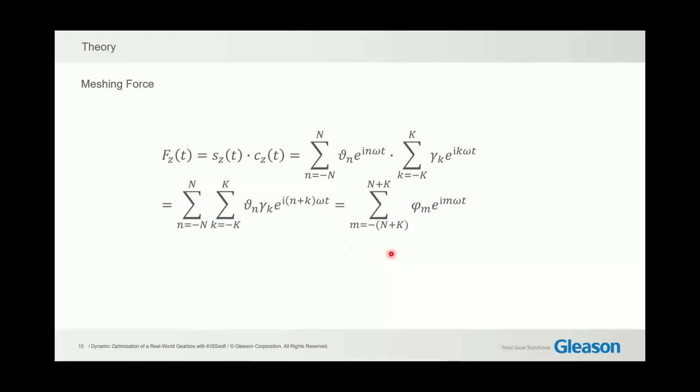The last detail about this meshing force: the meshing force is calculated by multiplying the displacement of the gears, z of t, times the stiffness of this spring in the meshing, or the spring that replaces the teeth.